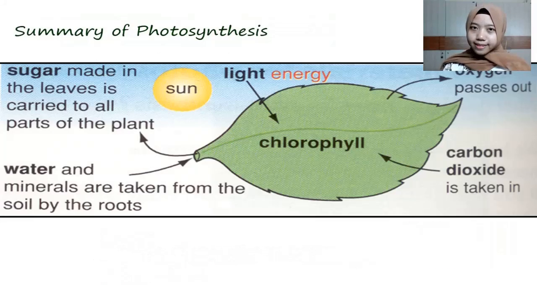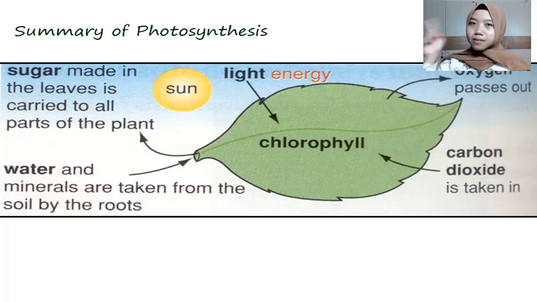Summary of photosynthesis. Sugar made in the leaves is carried to all parts of the plant, and water and minerals are taken from the soil by the roots.